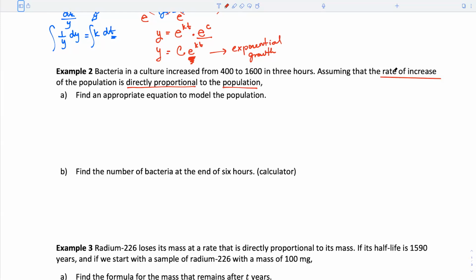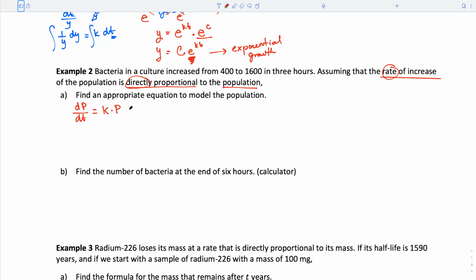By them saying the rate is directly proportional to the population, basically they are telling you that dy, we can call it dp, because this is population, right? The change of population over the change in time is equal to some k value times the population.